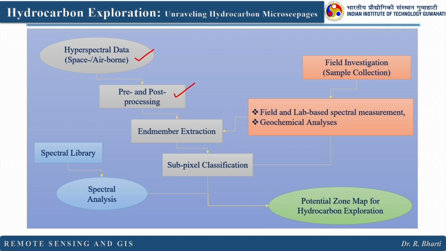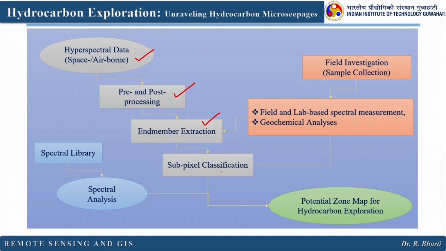Once you are confident that all the errors have been removed, you can perform the end member extraction, and once you do that, then you can perform the classification, and that will give you the classified image with respect to those end members, right. At the same time you have to perform field investigation, and the field spectra will be measured and the collected samples will be analyzed for the presence of hydrocarbon.